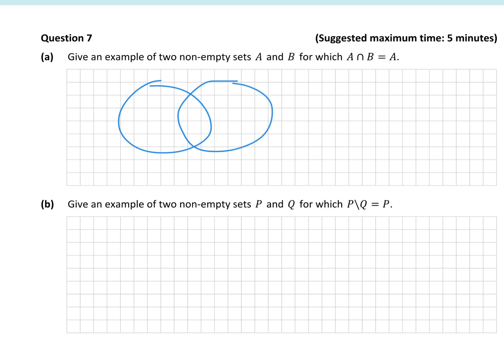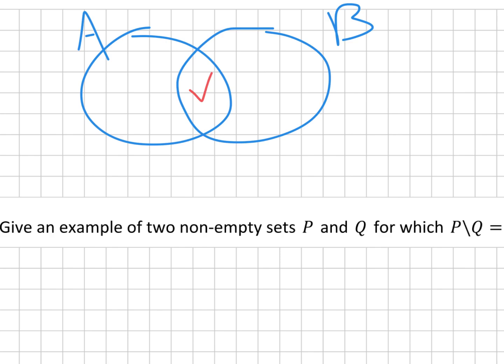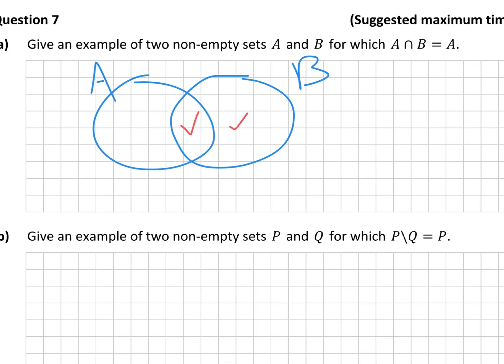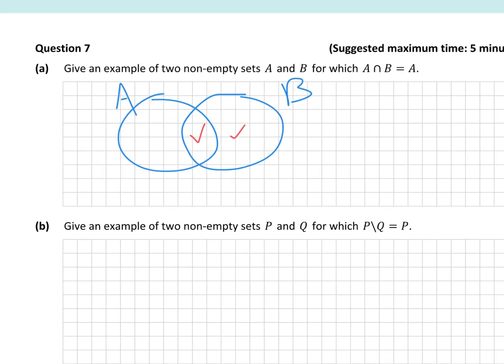So if I have a set A and a set B, A has to just be the same as the intersection between A and B. So I can have elements in here in set A, and I can have elements out here for set B, but this part here, A less B, has to be empty, because the intersection between A and B has to be a list of all the elements in set A. I can't have anything out here. Otherwise, that would be different from the intersection, whereas A has to be the same as the intersection.